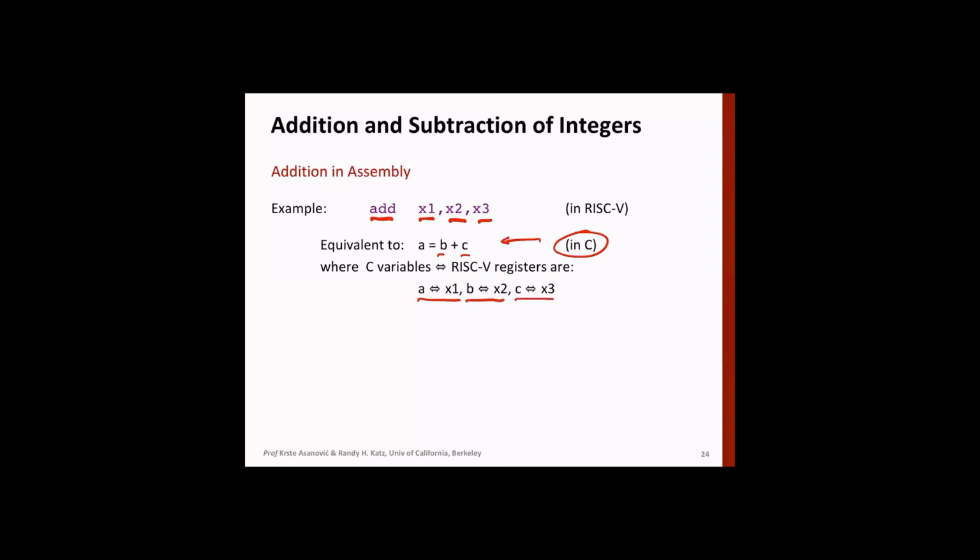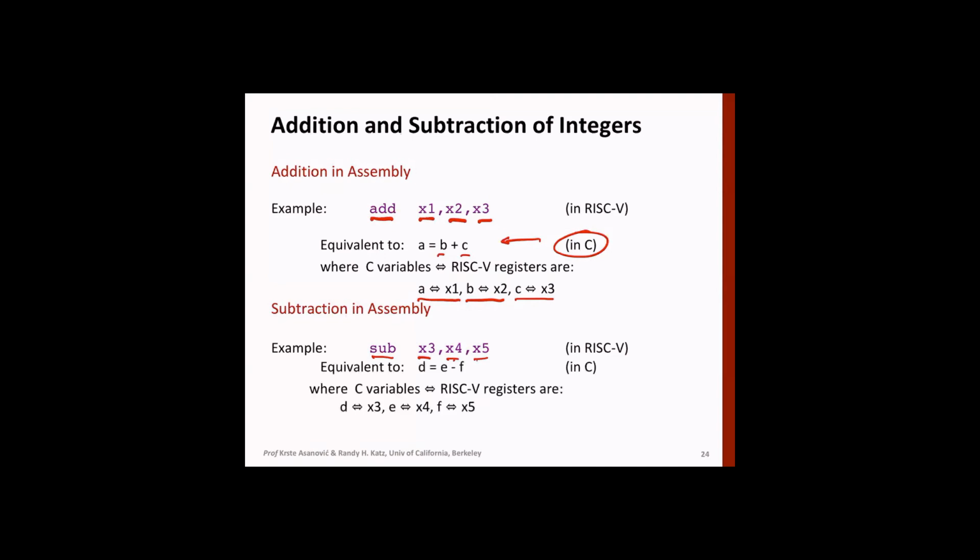Subtraction we can similarly perform. So we have sub x3, x4, x5. It means that x4 minus x5 will go into x3. Take the content of x4, subtract the contents of x5, and move the result into register x3.